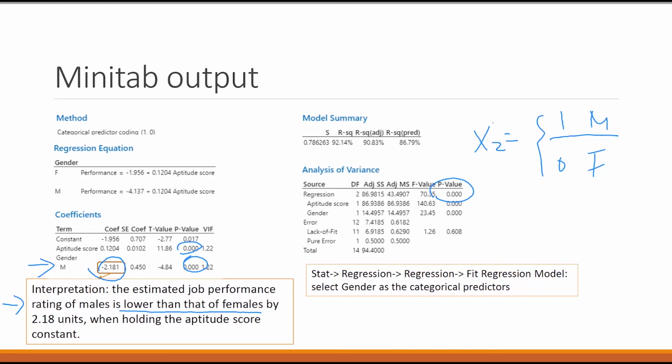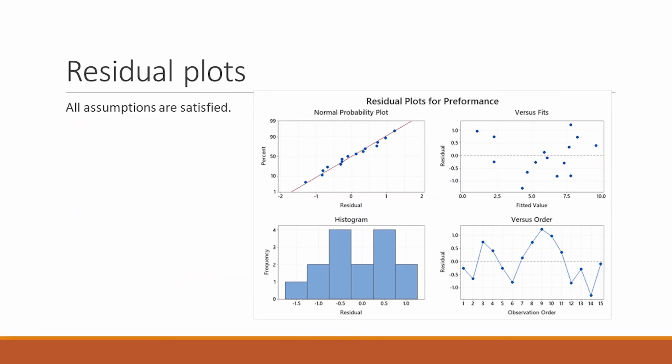And that also verifies that it's very important for us to differentiate between the genders. The adjusted R-square is 90%, which is very good. In our Minitab output, we do have the residual output. All of the assumptions or conditions are satisfied. So the model is good for us to use.